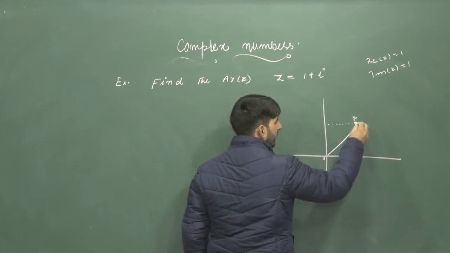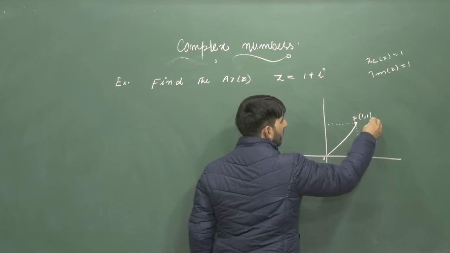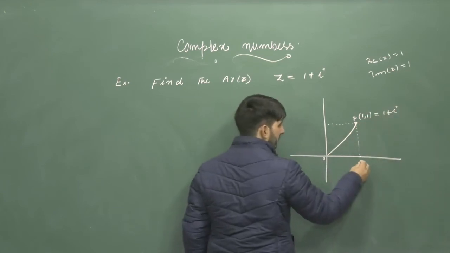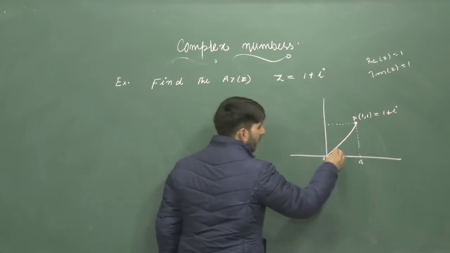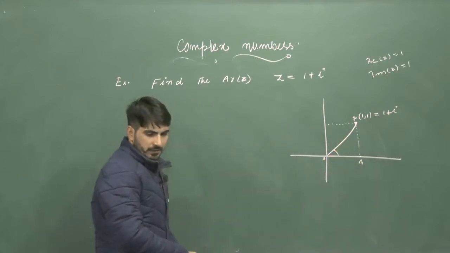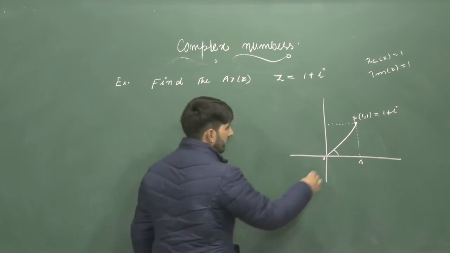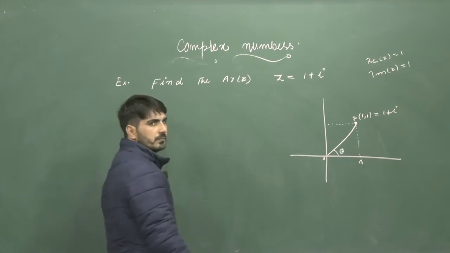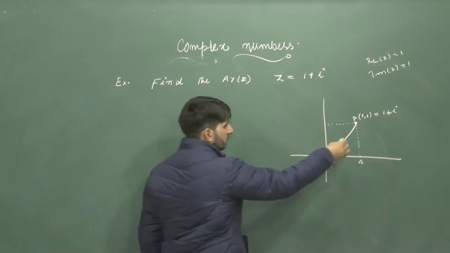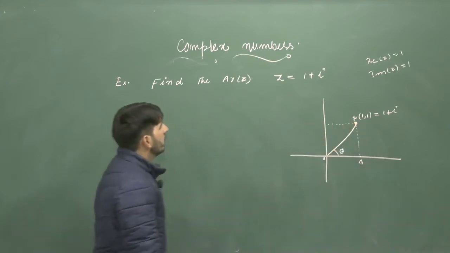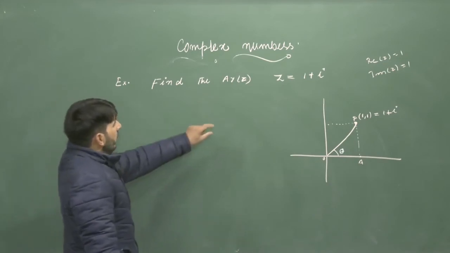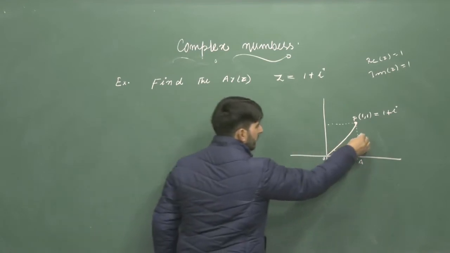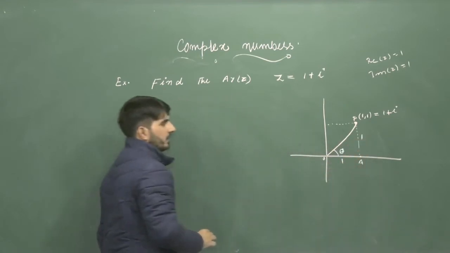OP is the complex number 1 plus i, and we have to find this angle, that is the argument of the complex number, theta. This distance is 1, this distance is 1.